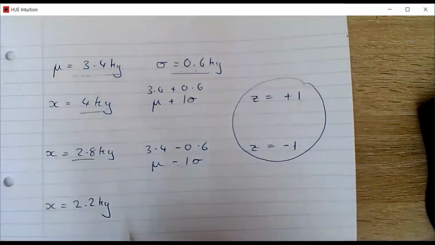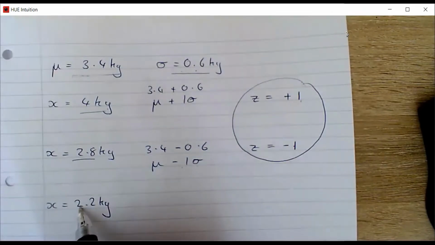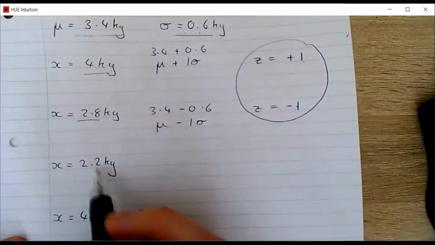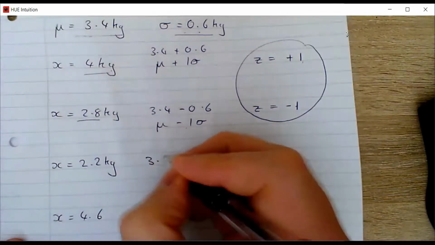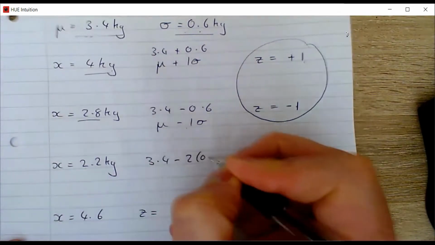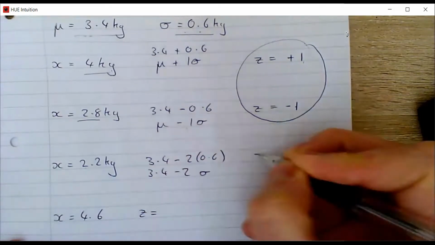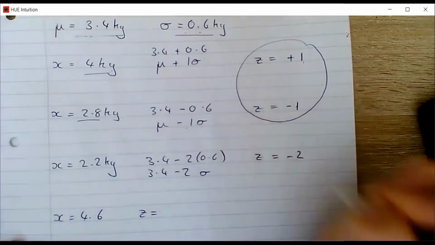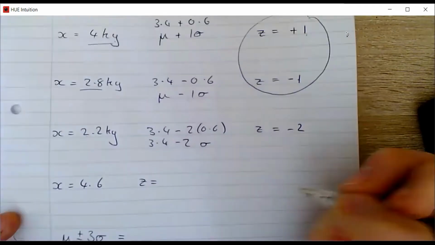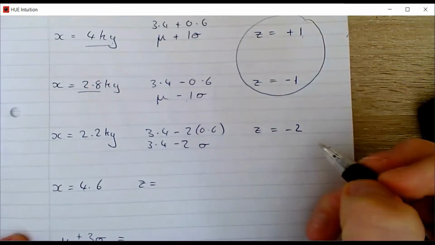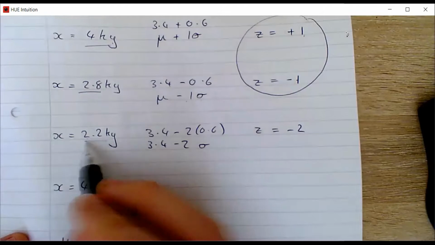And if I was to tell you that a child had a birth weight of 2.2, well, that'd be 3.4 minus 2 times 0.6, or 3.4 minus 2 sigma. So that'd be a standard score of -2, or they're 2 standard deviations below the average birth weight.